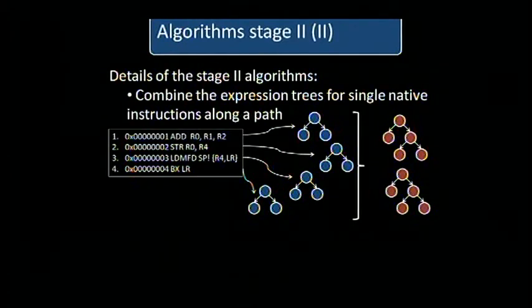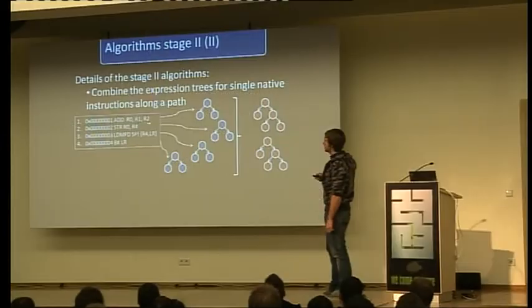along a single path is pretty simple. You can take this very simple arbitrary example here, and given that you have a set of expression trees which comes out of a sequence like this, then if they reference the same register, like here or here, you can combine them into larger trees.